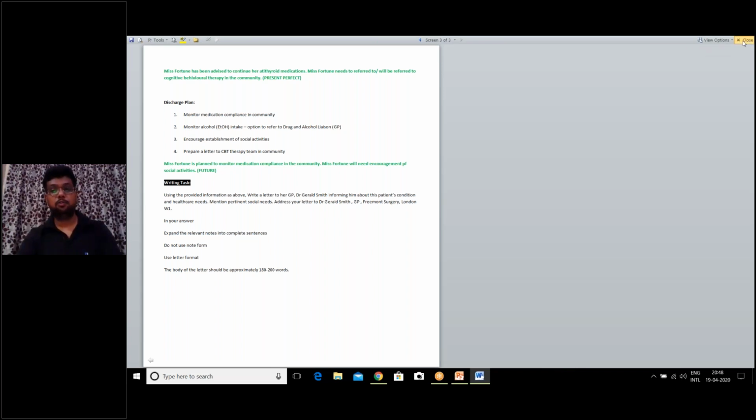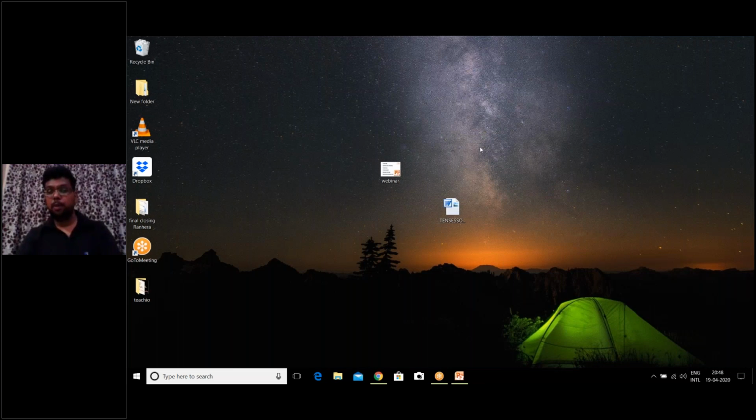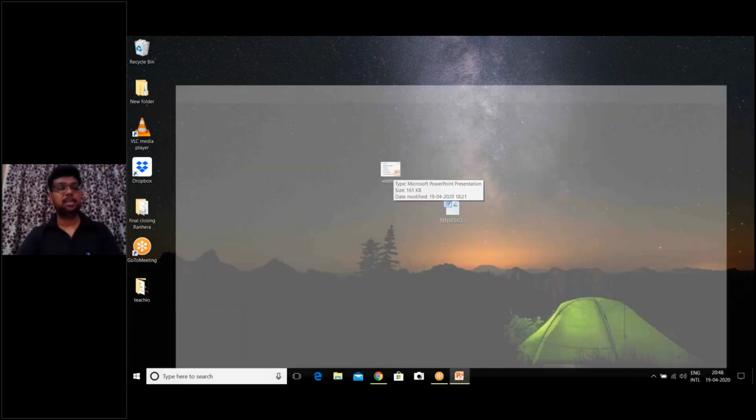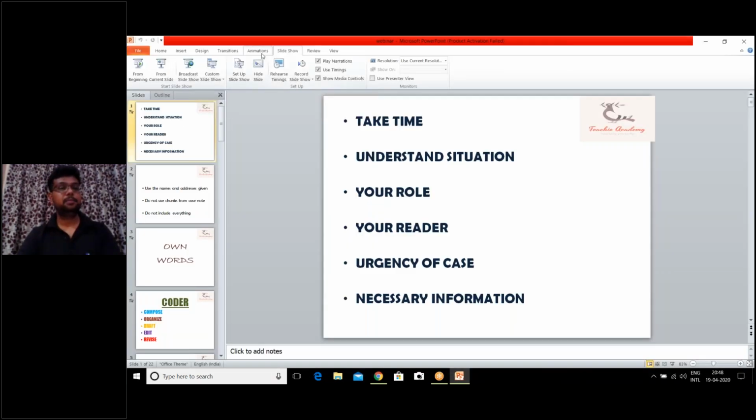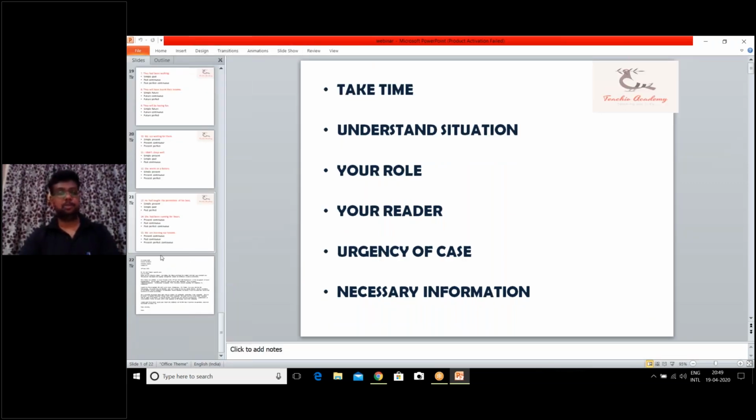So fine, let's see what a perfect draft looks like. You must remember that in the initial part of our lecture, we discussed the strategy of composing, organizing, drafting, editing, and revising your ideas to form a better draft, a better letter.